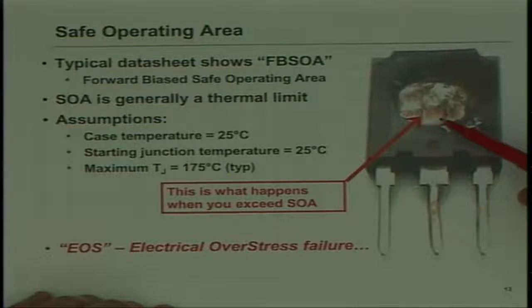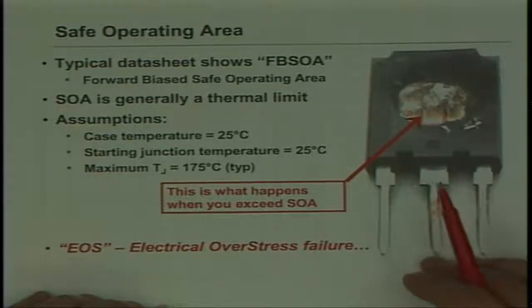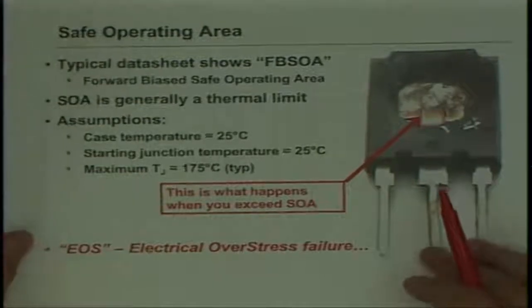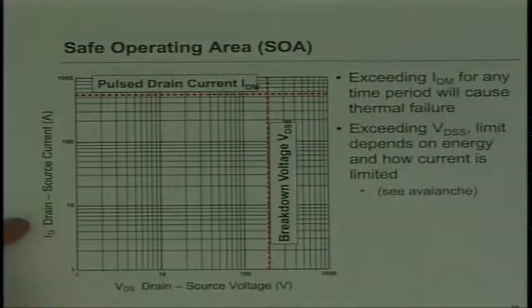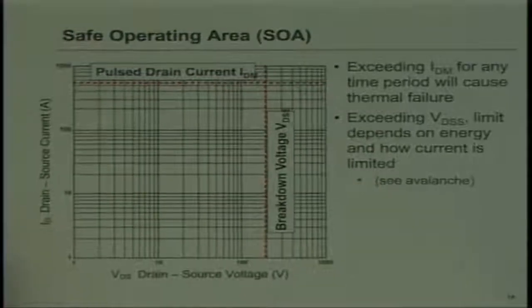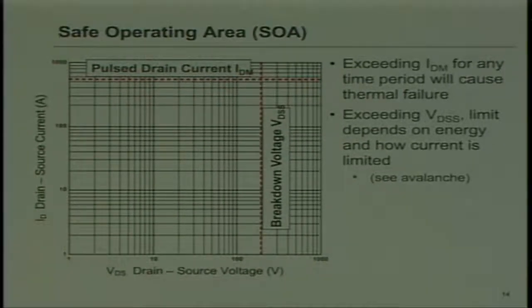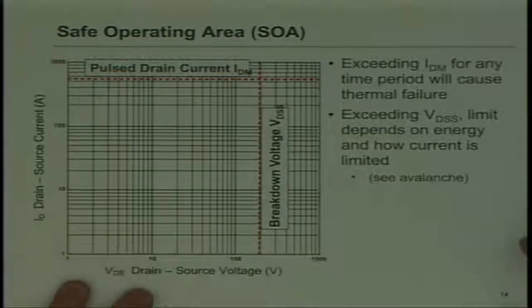It could be from switching loss, or a combination of conduction and switching loss, or it could be from avalanche. But there's really only a few things it can be. And the safe operating area is what we'll study a little bit next here, so you can see what those limits are. I know you've probably seen these in your book.